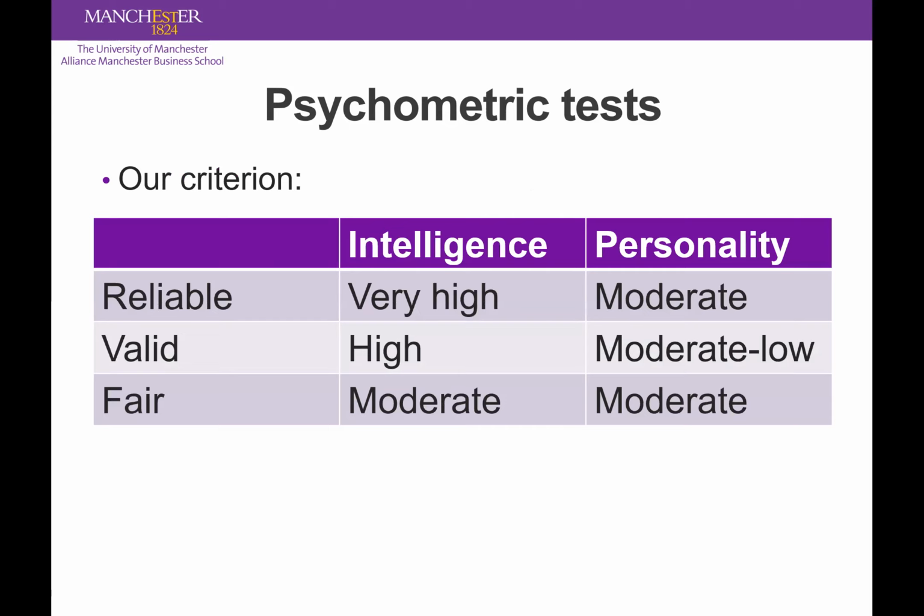Indeed, if we are doing the analysis on the critiques for the psychometric test, we can see that the reliability, especially on the intelligence part, could be quite high because a lot of the tests are already done and adopted, and so the predictive power seems quite high.